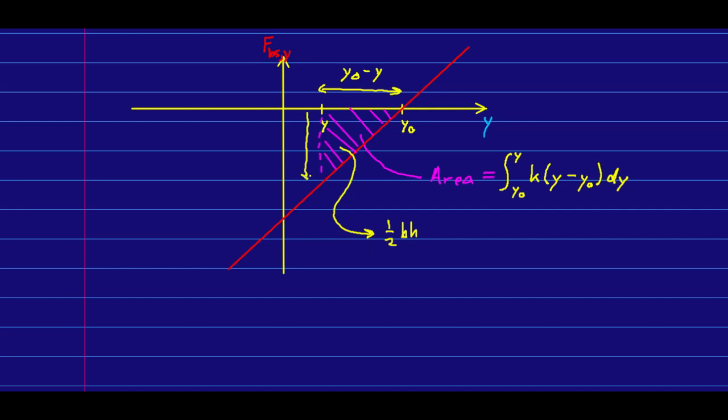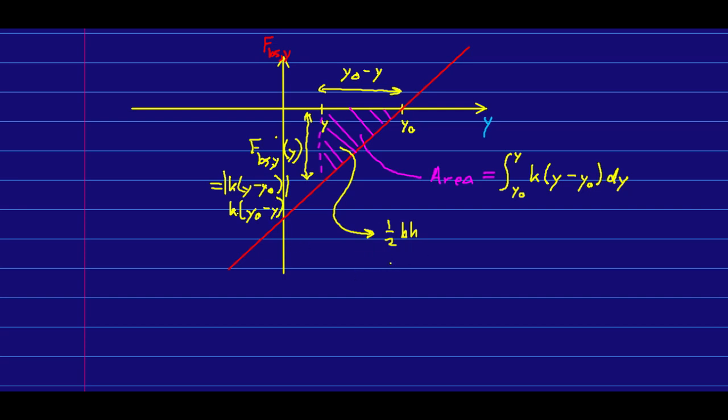And the height is just here, and it is just the force evaluated at y. Well, that's k(y minus y0), except I want to make sure it comes out positive. So I'm going to say it's actually the absolute value of that, which is k(y0 minus y).